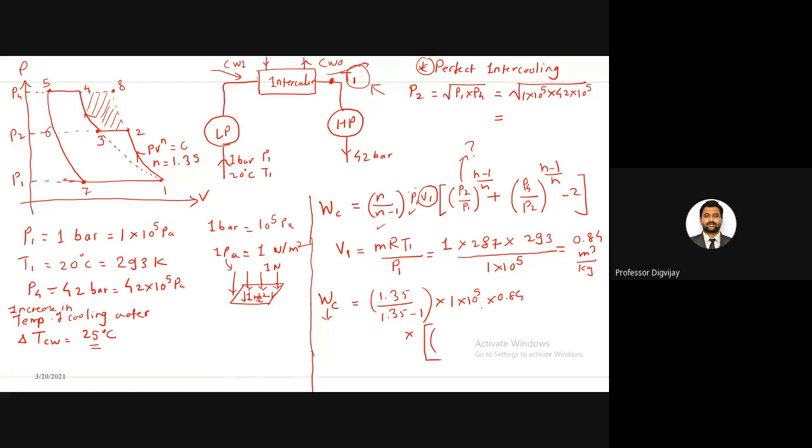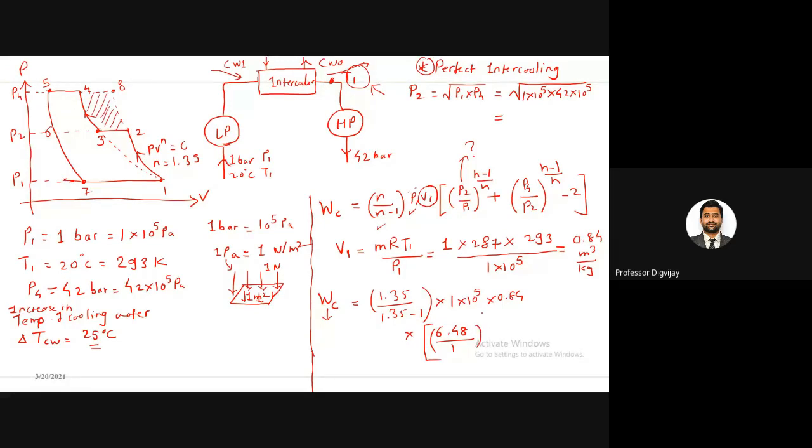Okay, so I will put the values here. P2, many of you have calculated P2 as 6.48. So I will put it here, 6.48 divided by 1. I'm not taking 10 to power 5 because the numerator and denominator are both the same.